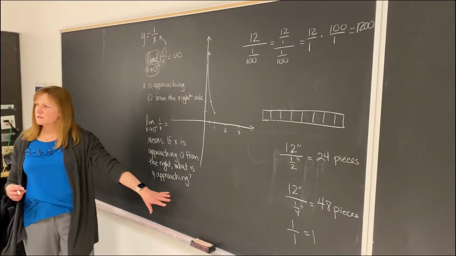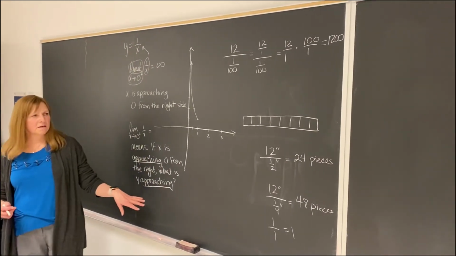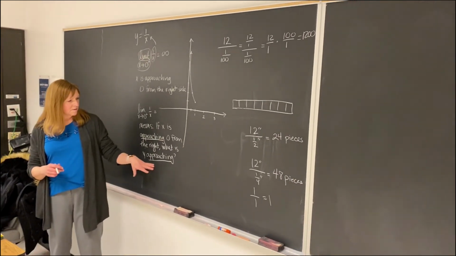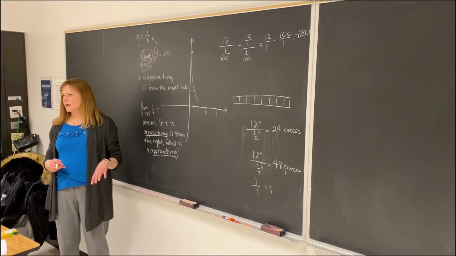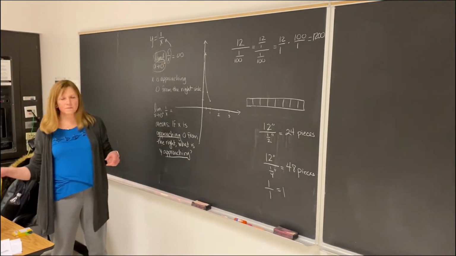And the key word here is approaching. It may get there, it may not. In this case, it's not getting there because we're dividing by 0. But that's the key word when we're looking at limits. Let's look at the same thing coming in from the left.